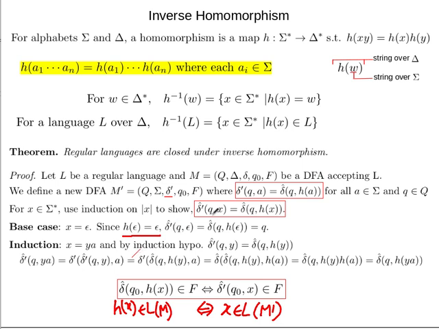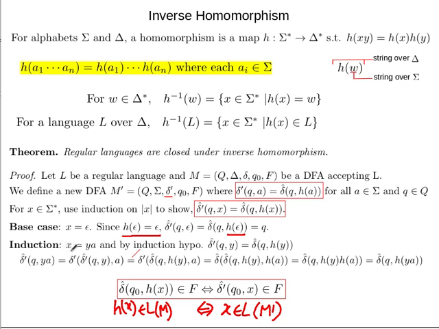Then for any q, if you take epsilon here, this itself is epsilon. So by definition of this extended transition function, this will be just q, right? So base case is done.